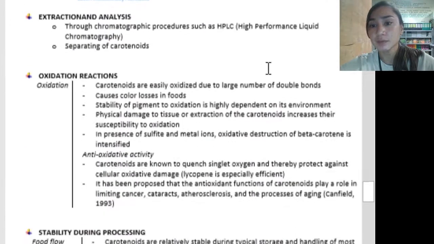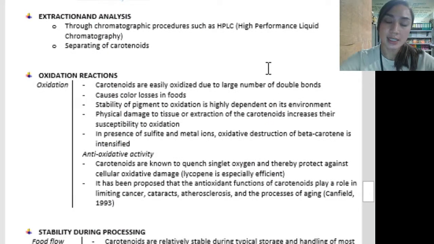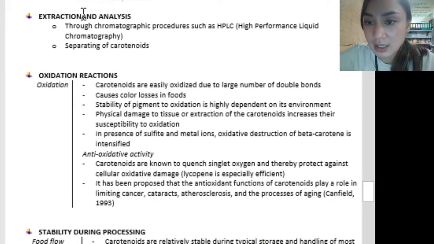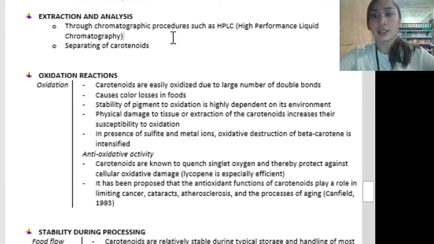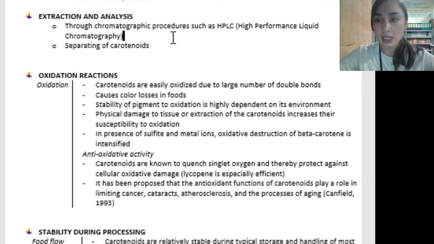Okay? When it comes to analysis, extraction and analysis of carotenoid, meron tayong tinatawag na chromatographic procedures such as HPLC.